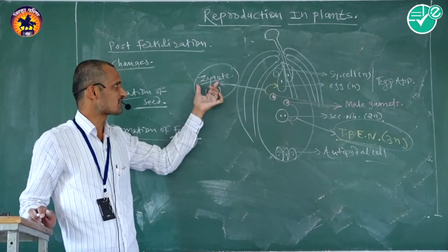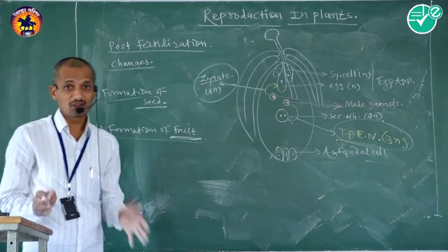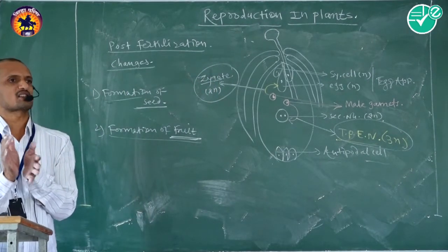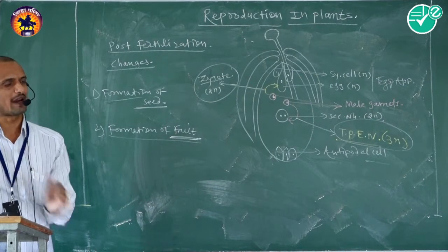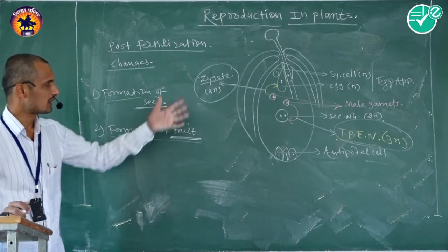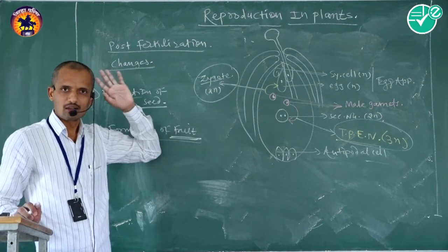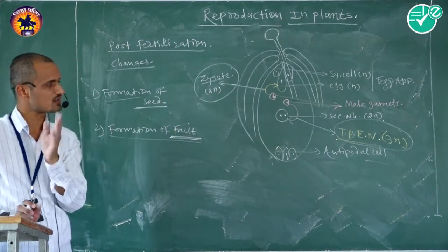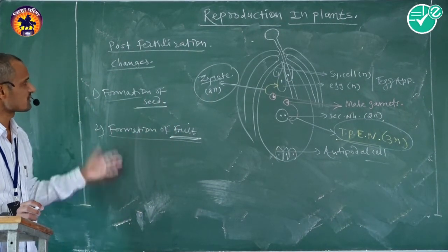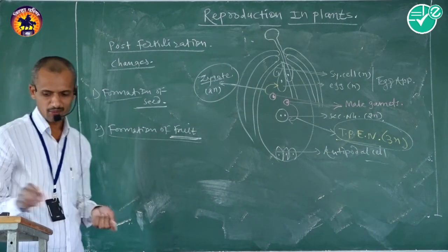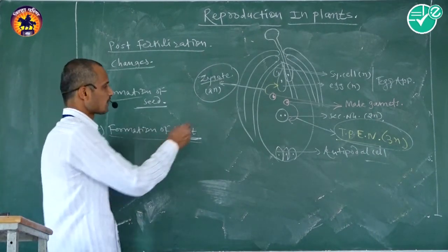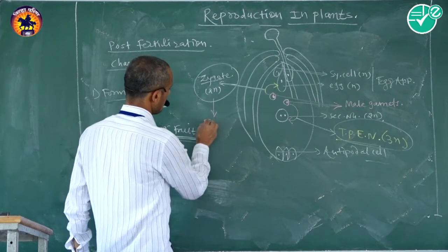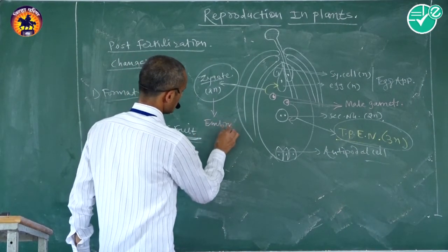This diploid zygote divides and redivides by the process of mitosis to form the embryo.